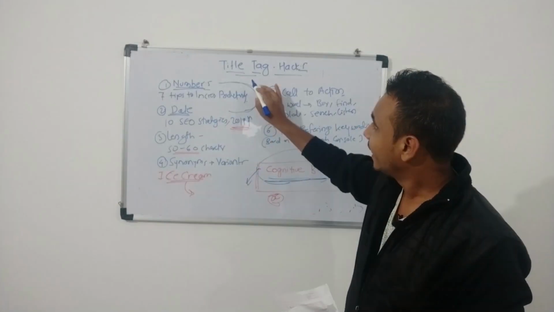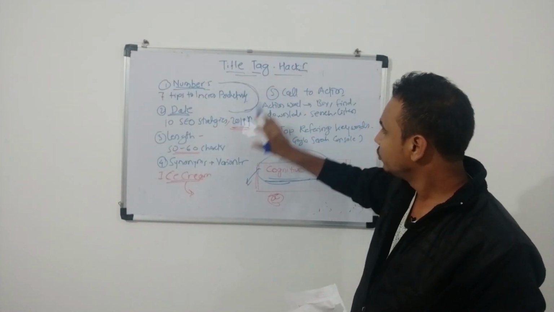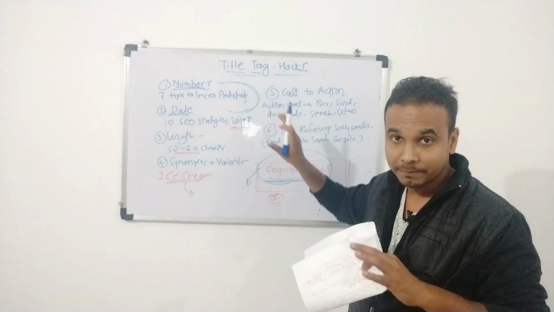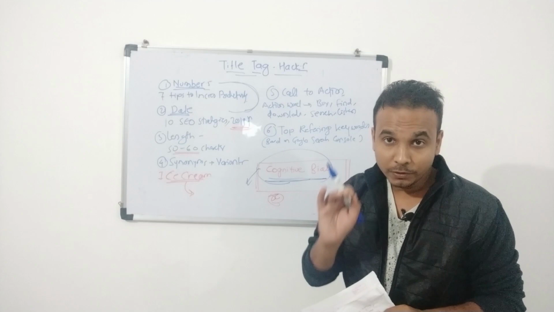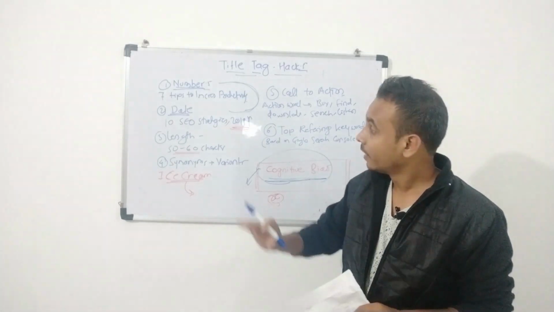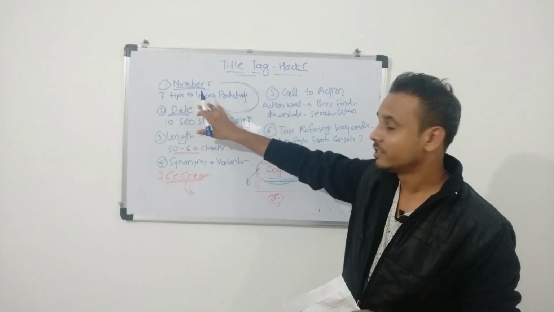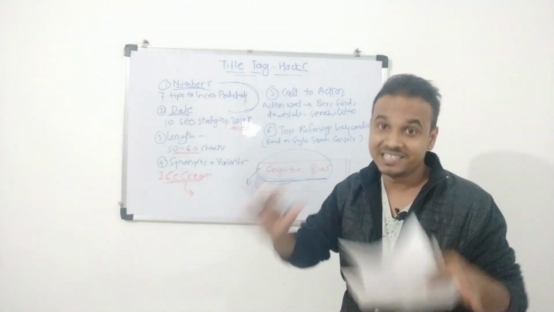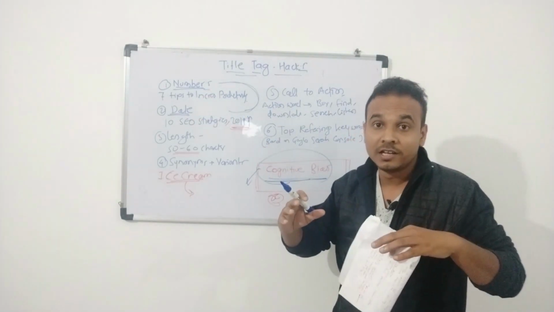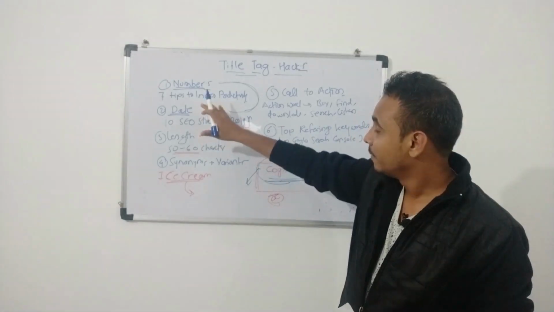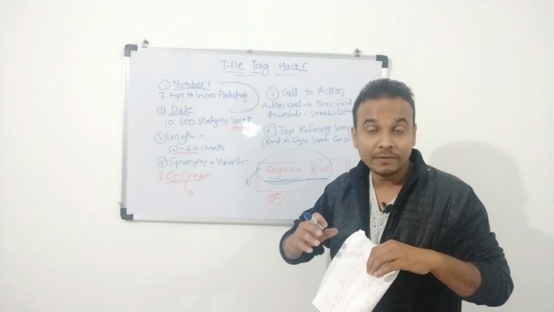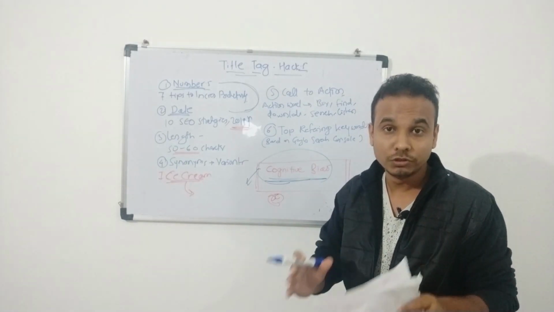So while writing a title tag, we should keep all these 6 factors in mind. I'll start with numbers. Before you start writing a title tag, try to use numbers whenever it's possible and whenever it makes sense. Not that you just start stuffing numbers unnecessarily. It should make sense, but at the point when it makes sense, you should use it.